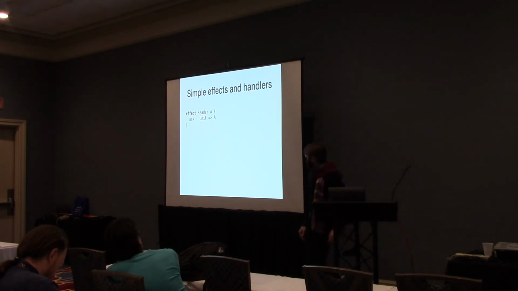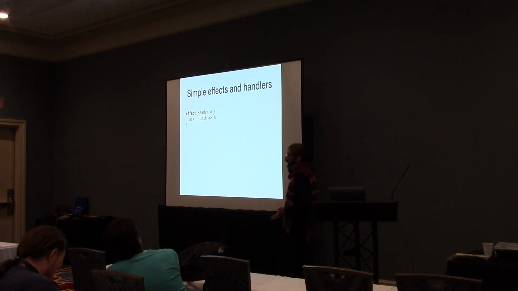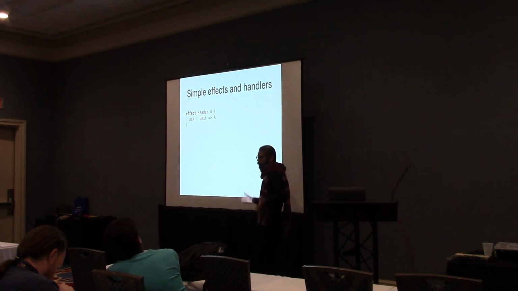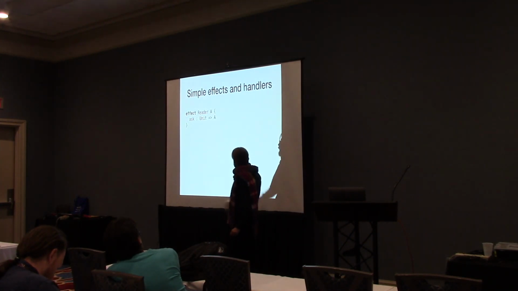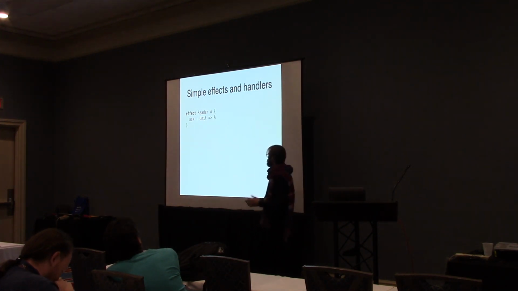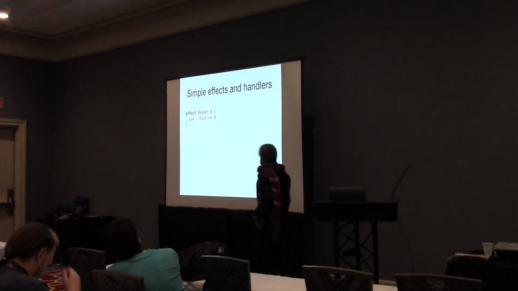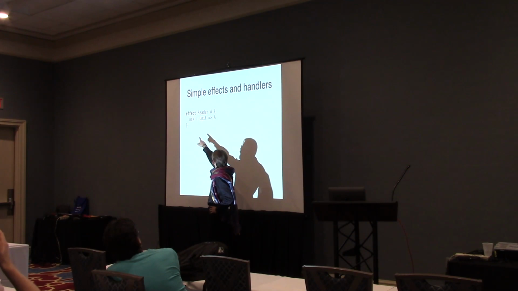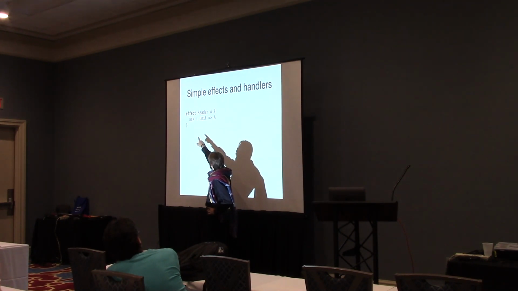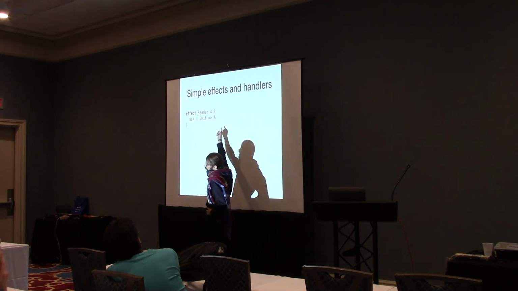So first off, like I said, we can define effects in a language, local custom effects. In this case, this is an effect Reader, which is very similar to the well-known Haskell monad called Reader, and this effect has one operation, ask, which takes a unit as an argument and gives us back a value of type A, right?